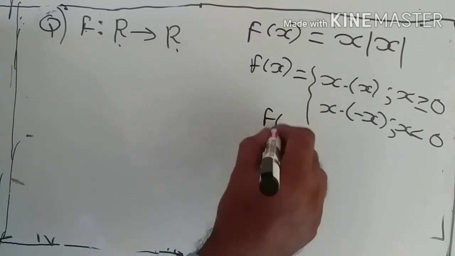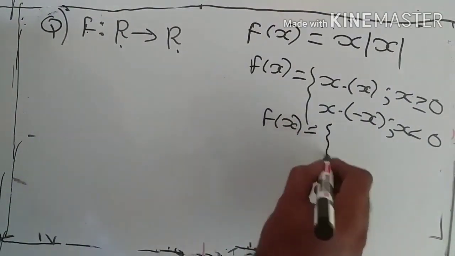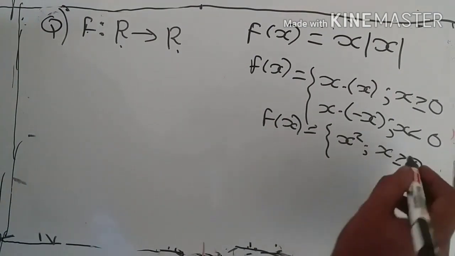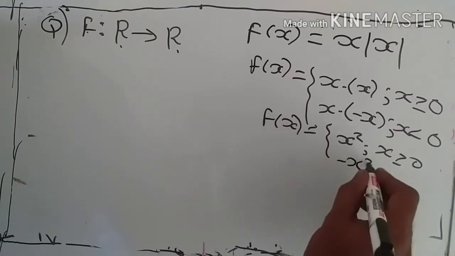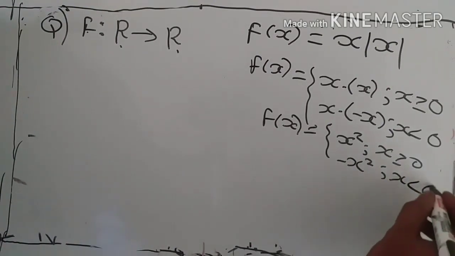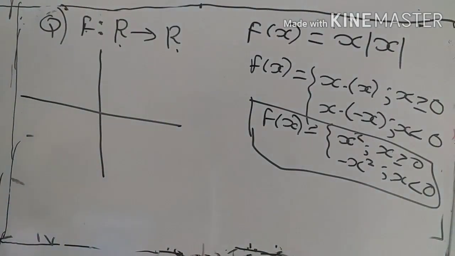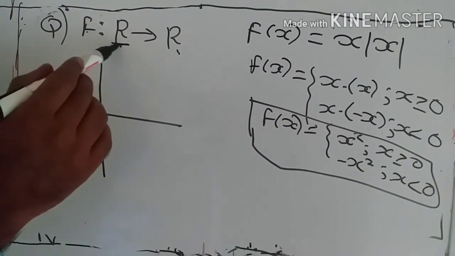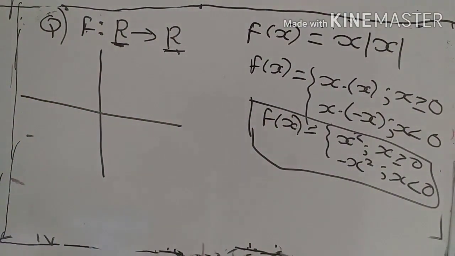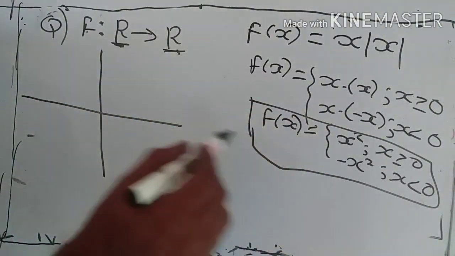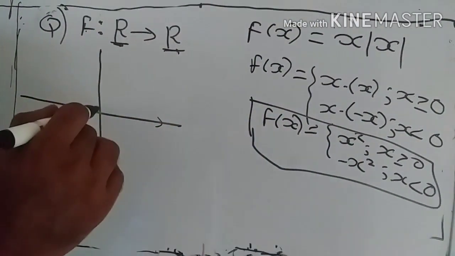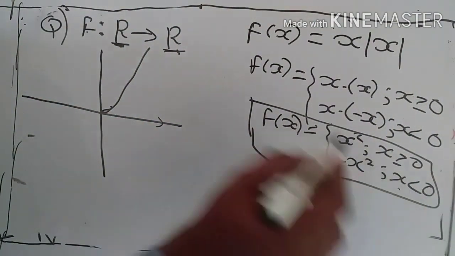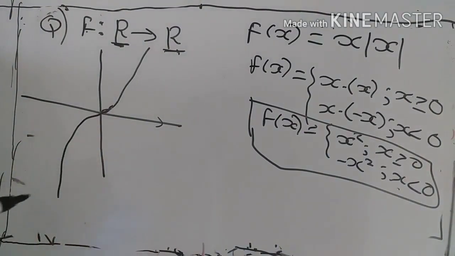That is, you can write the function f of x as x square for x greater than or equal to 0 and minus x square for x less than 0. Here the graph is drawn from minus infinity to infinity, since the range is the set of real numbers. For x greater than or equal to 0, the graph of x square goes to infinity, and for x less than 0 it is minus x square. This is the graph.